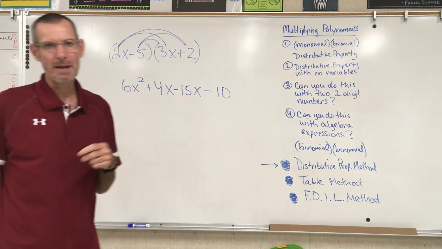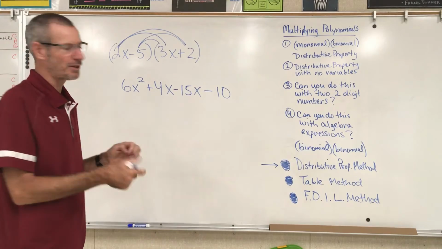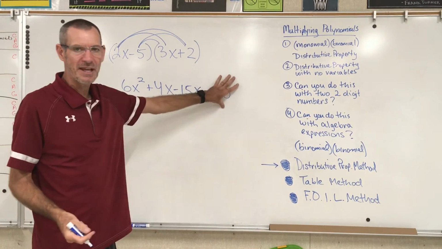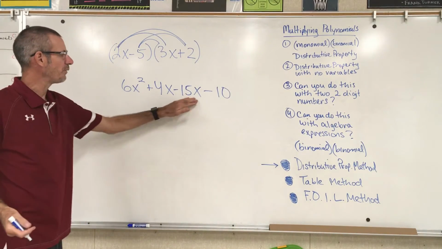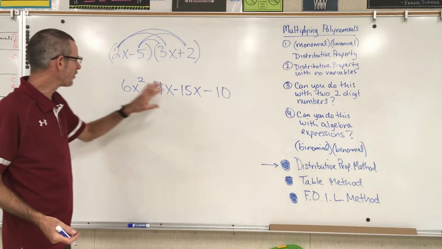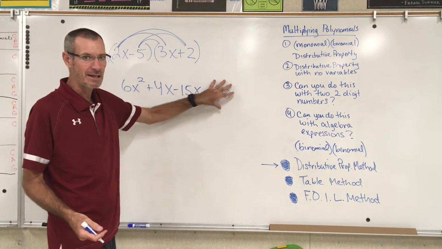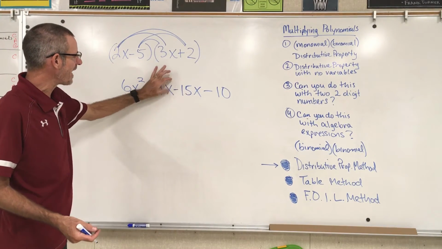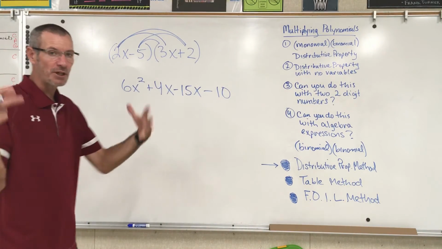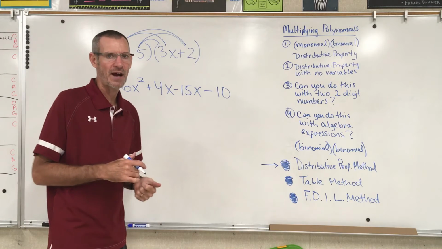So again, when I multiplied my binomial times my binomial, I ended up with a polynomial that has 1, 2, 3, 4 terms. And there's only one term that has an x squared. There's only one term that's a constant, but there are two terms that have an x to the first power. So we can put those two terms together when we write our final answer.